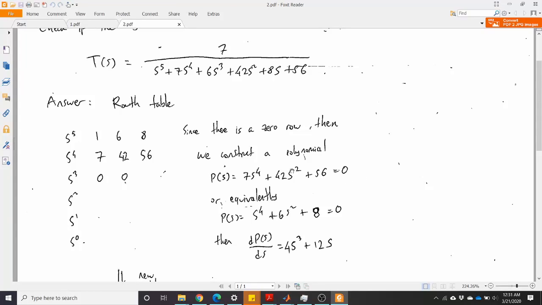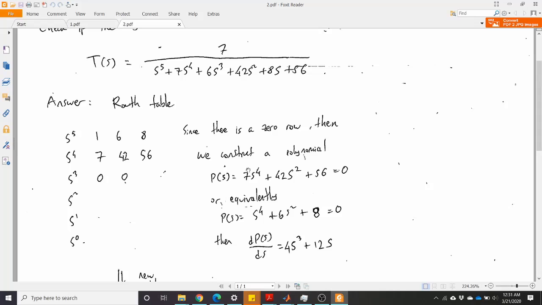It doesn't matter if we multiply by a non-zero coefficient, so let's multiply by 1 over 7, we get 1s^4 plus 6s^2 plus 8, which is much simpler than this polynomial.